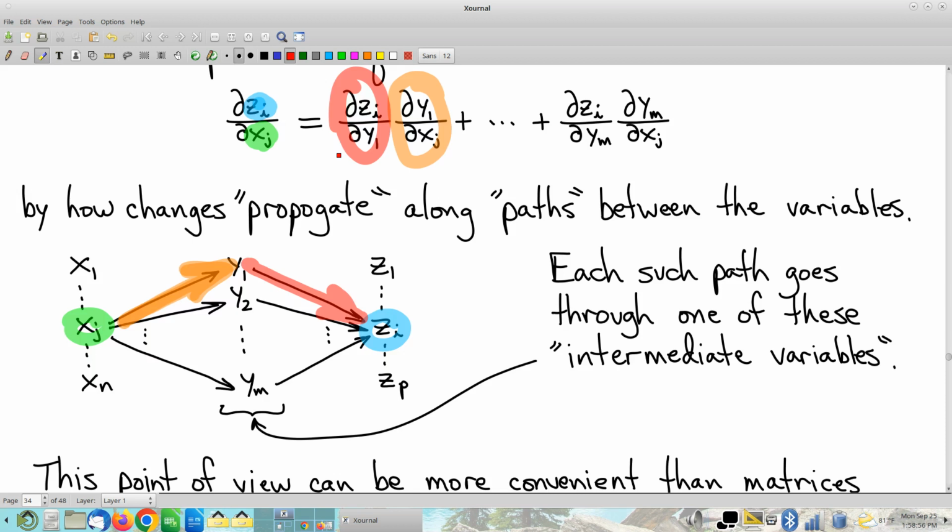Yeah? I guess another argument you could make to justify not canceling the partial y's is that y changes by a different factor in both scenarios. Yeah, sure. I hear what you're saying.